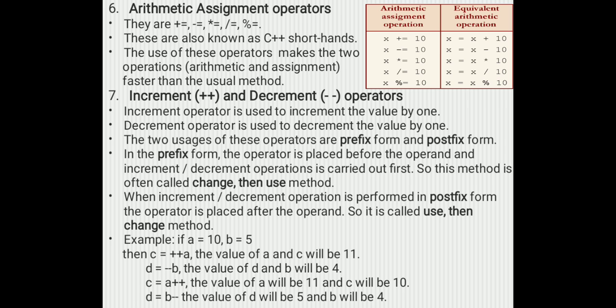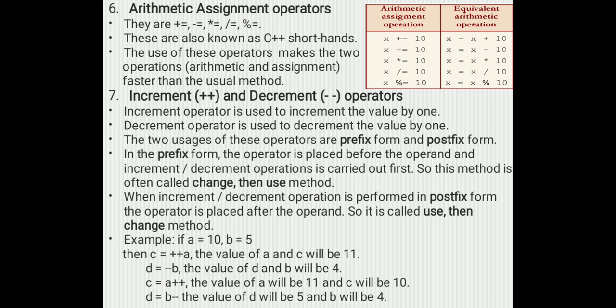So the value of both a and c will be 11. In the case of d equal to minus minus b, the value of b is 5 and it is decreased by 1: b equal to b minus 1, that is 5 minus 1, b equal to 4. So both the values of d and b will be 4.